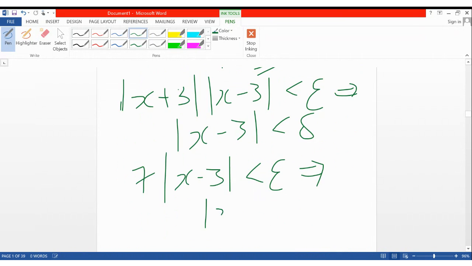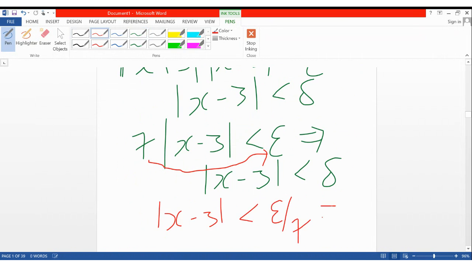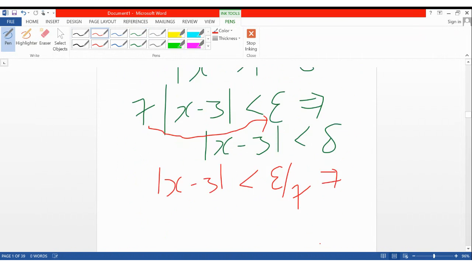Now I'll take this 7 to that side, so I have the magnitude of x minus 3 is less than epsilon over 7 whenever the magnitude of x minus 3 is less than delta.